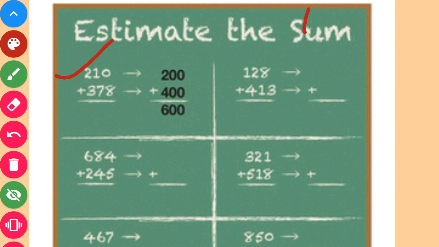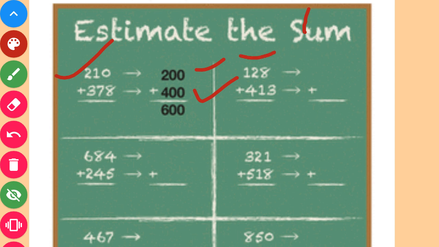So first number is 210. Rounding off to the nearest 100, we will get 200. And 378, when we round it off, we will get 400. Now add these two numbers. 200 plus 400 will give us 600.